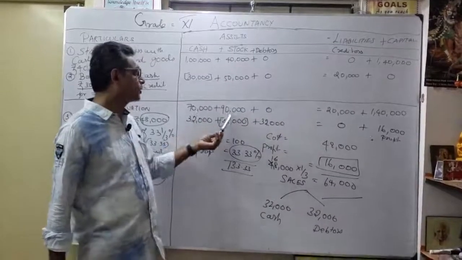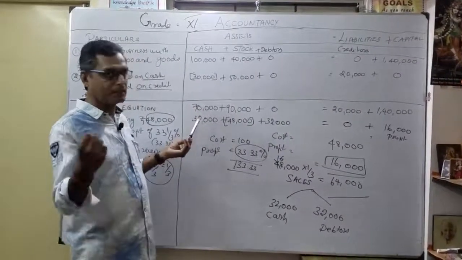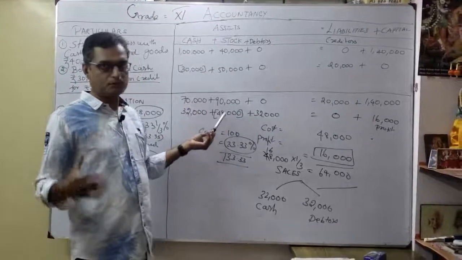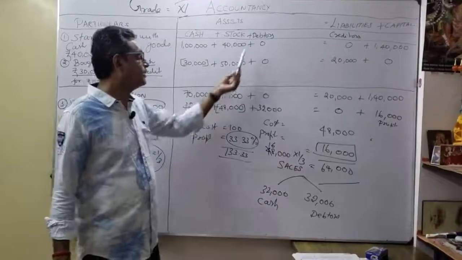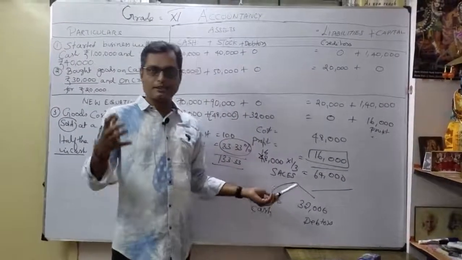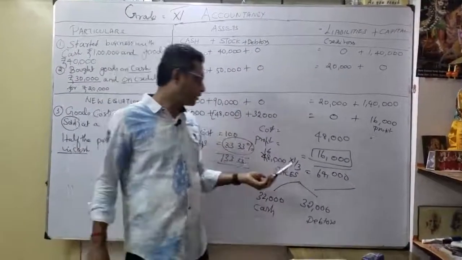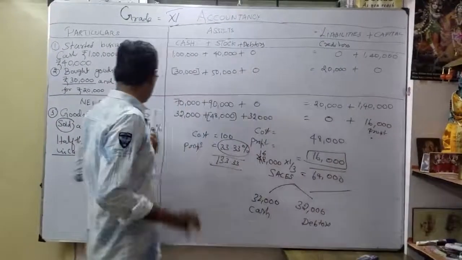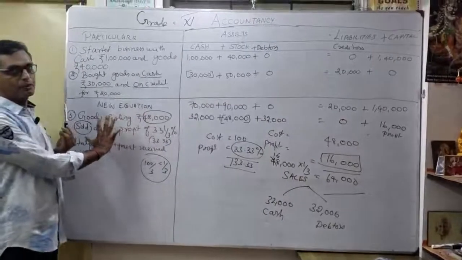Then now I am going to give the effect. First effect, I got money 32,000. Thereafter my stock reduced by 48,000 worth of stock. Thereafter my debtors become 32,000 because part of the amount I have not yet received. So how much profit did I get? 16,000. I show it under capital. That's this transaction. It's a very important transaction.